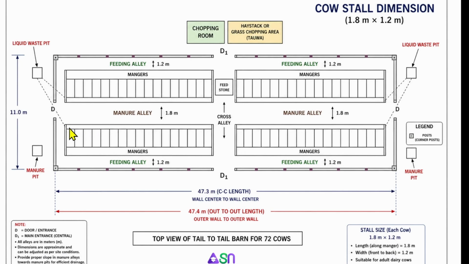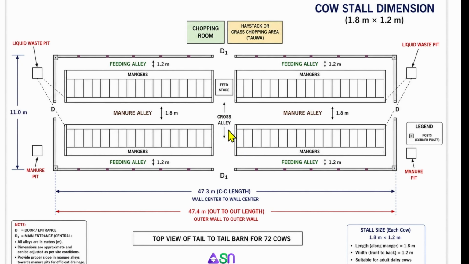The collected waste is transferred to separate manure pits and liquid waste pits located outside the barn. Solid manure can be composted and utilized as organic fertilizer, while liquid waste can be stored, treated, or used for other farm management operations.